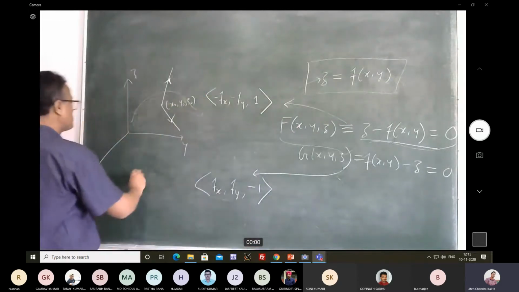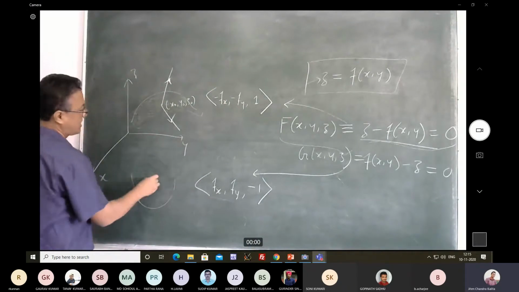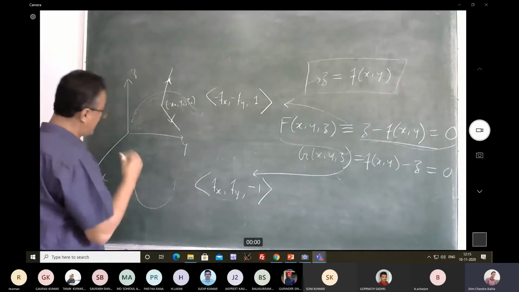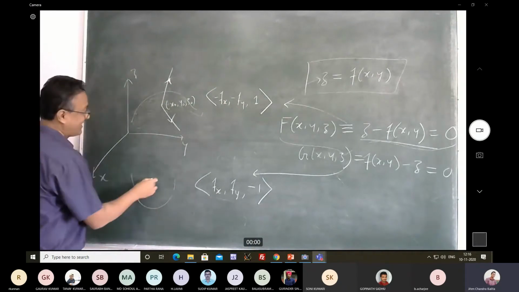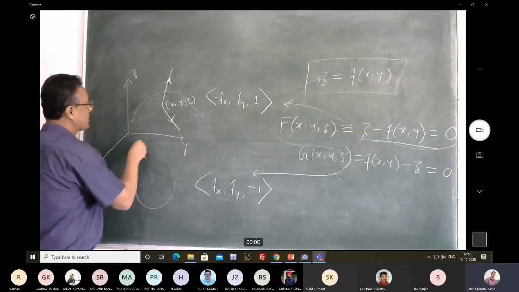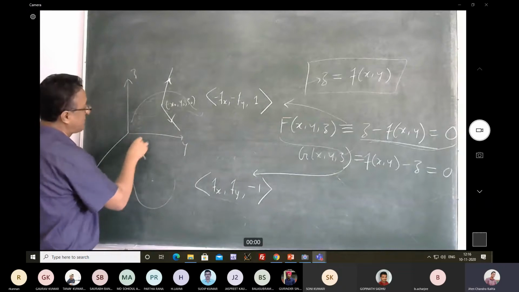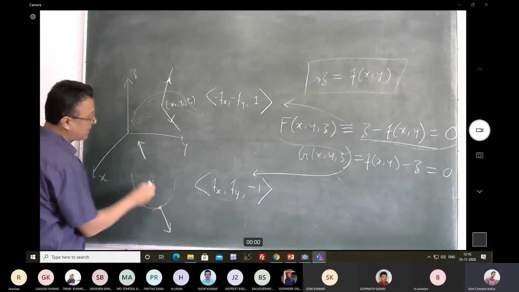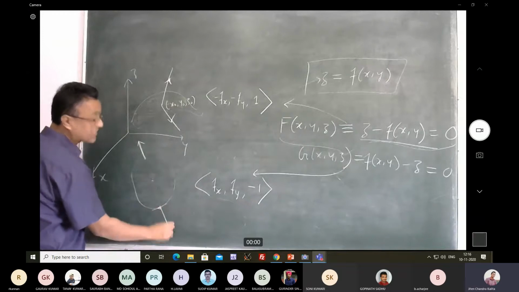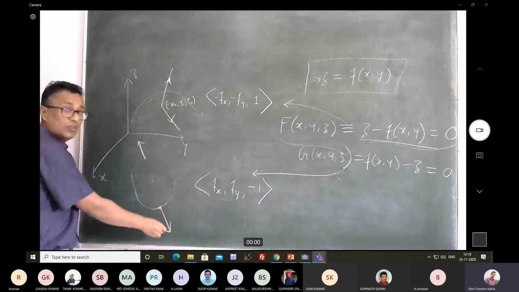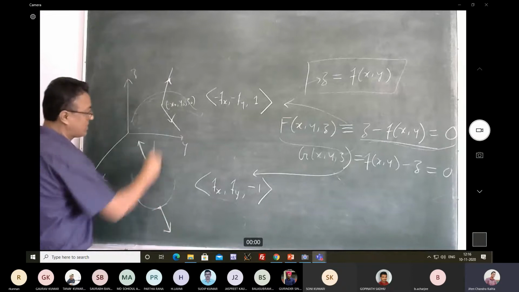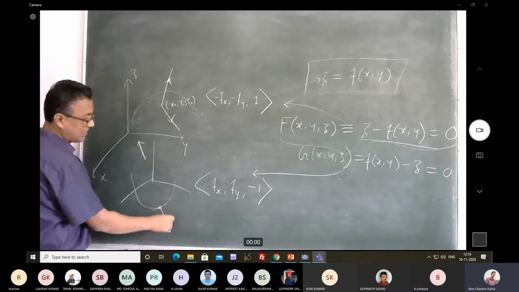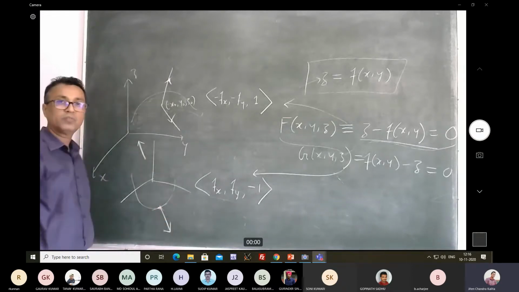See, suppose it is a sphere, right? Even on the surface, if I take it like this, there can be another normal at this point, right? They are still outside. But you can see that in this case, this is in the downward direction, right?